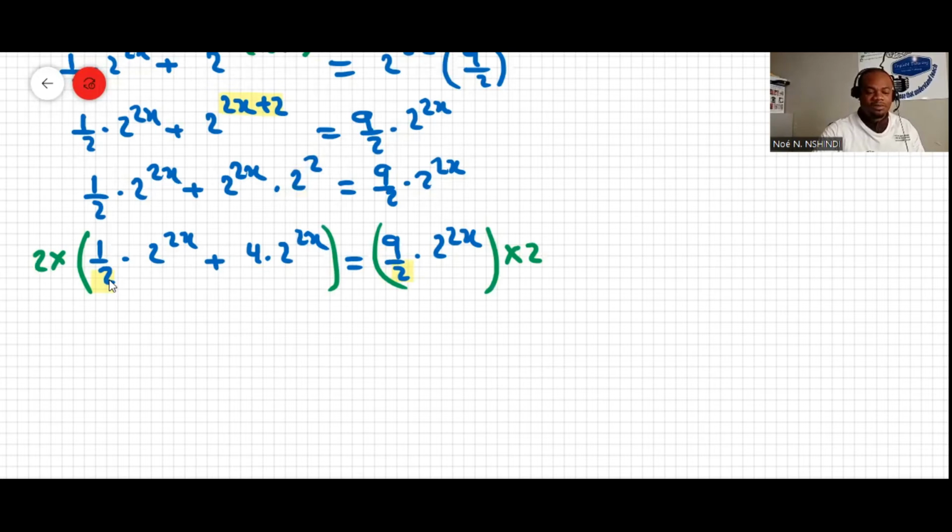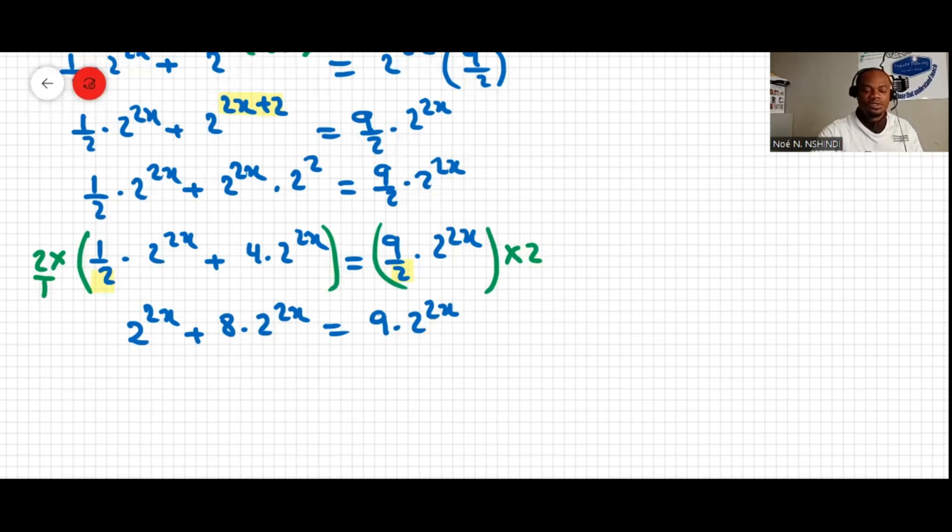If I times by 2, this will be just 2 to the 2x plus 8 times 2 to the 2x, because 2 times a half cancels, and we are left with 2 to the 2x. This 2 here, when I say times by 2, it's like times by 2 over 1. 2 times that cancels, and 2 times 4 makes 8. So this is equal to 9 times 2 to the 2x.